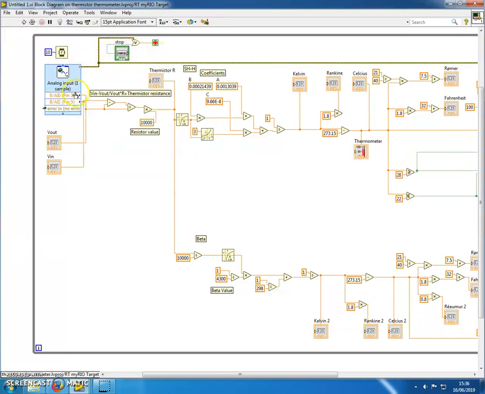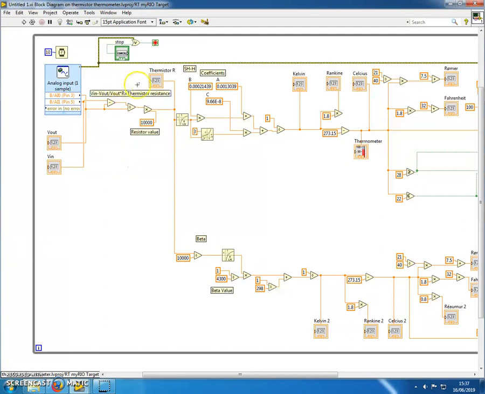Now we have an input. We have two inputs going into this analog. So one input is measuring the voltage coming out of my RIO into the circuit, and then we have an input which measures the voltage after it has passed through the thermistor and the voltage divider with another resistor.